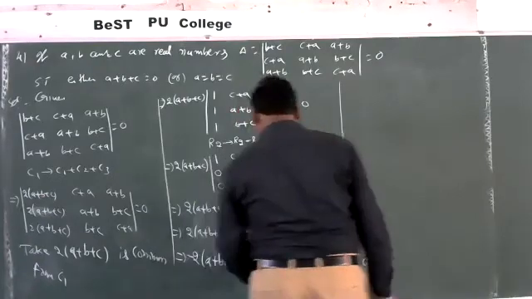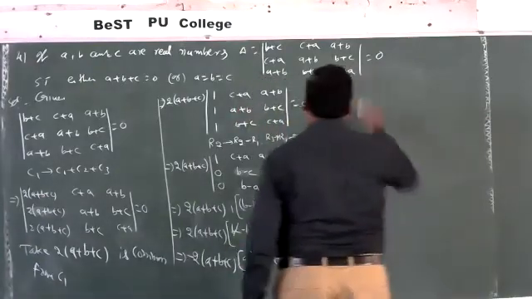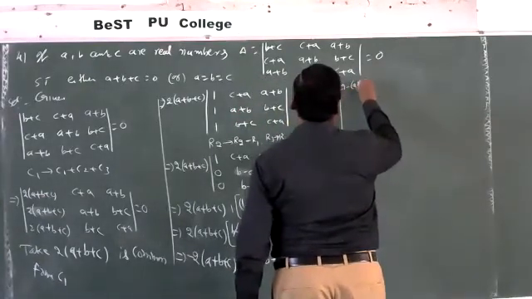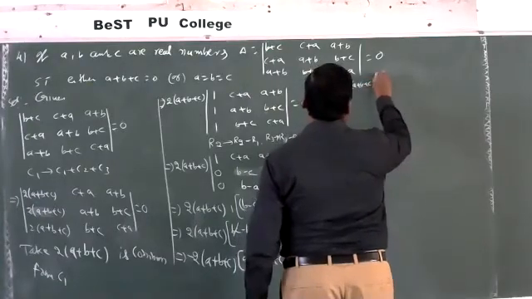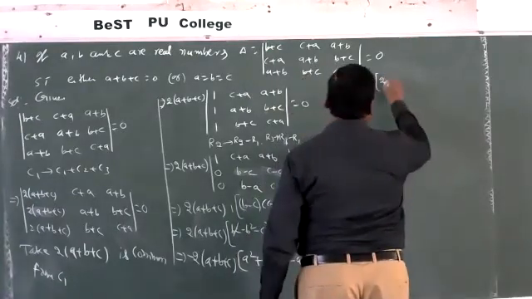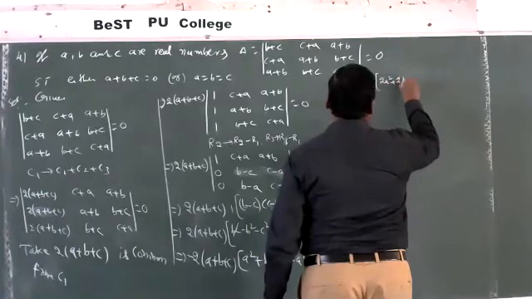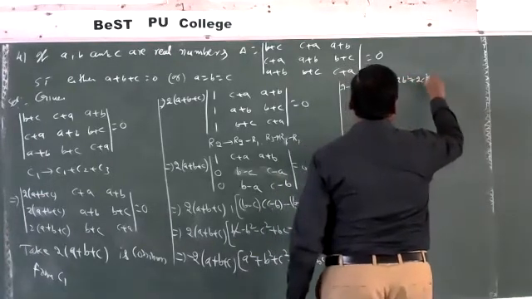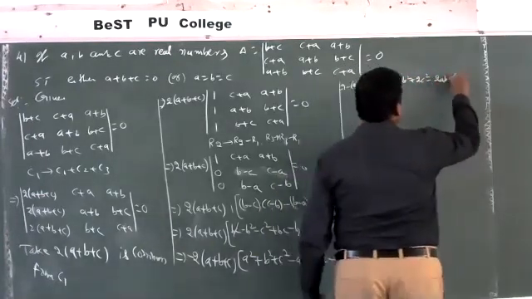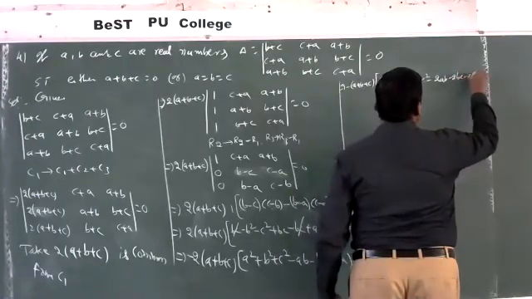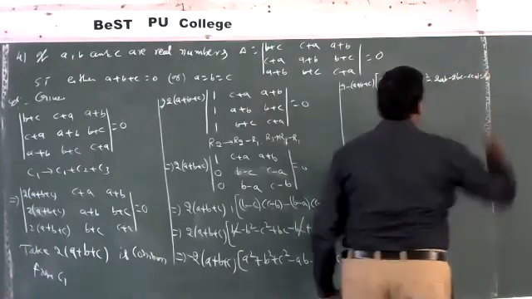From this, I multiplied the 2 here. This implies minus of (a plus b plus c) into (2a square plus 2b square plus 2c square minus 2ab minus 2bc minus 2ca) equal to 0.